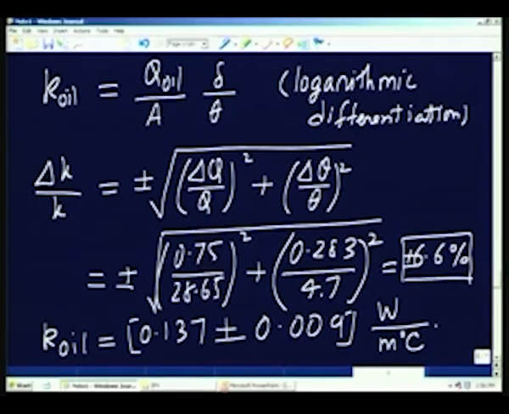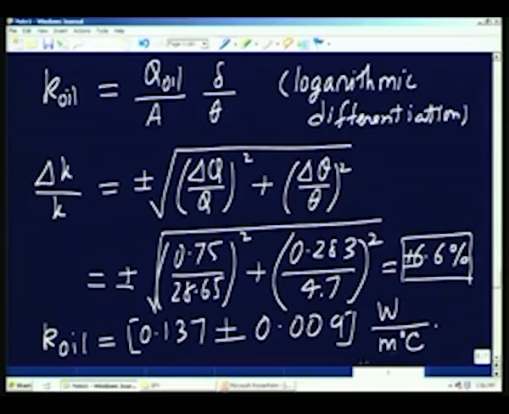Just to recapitulate what we have done in evaluating the error bar or the uncertainty of the thermal conductivity of the oil, we have taken into account the errors or the uncertainties specified in the value of Q and theta, and all other values have been assumed to have no uncertainties because they are not specified in the problem.